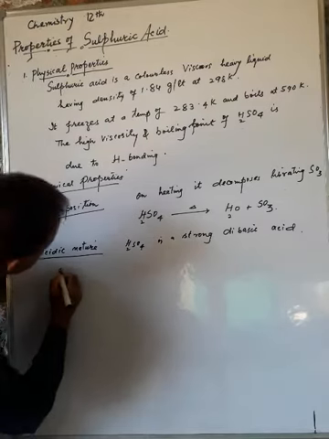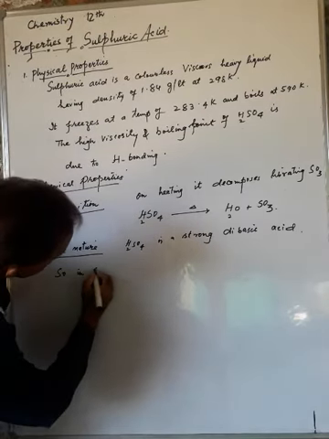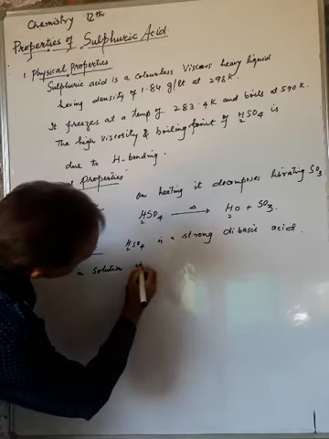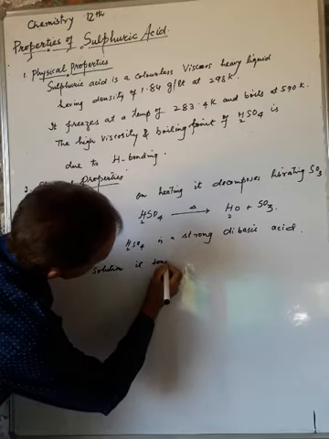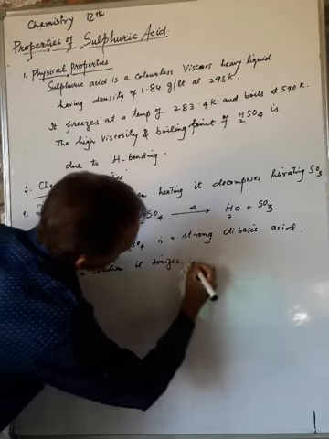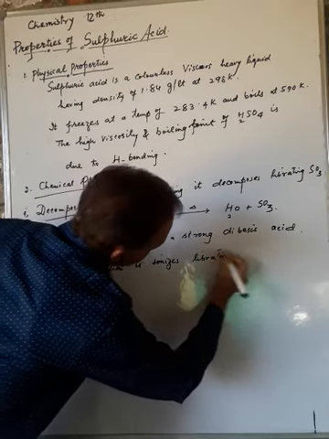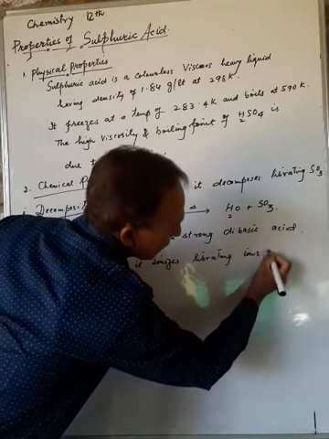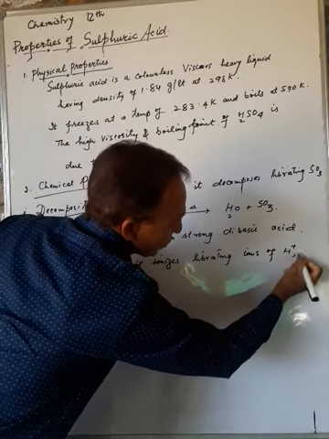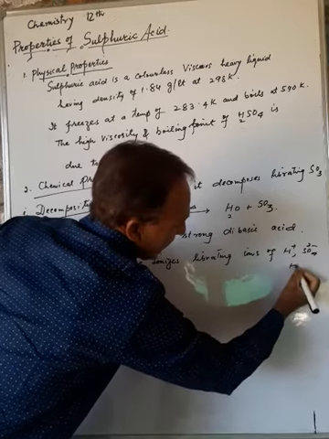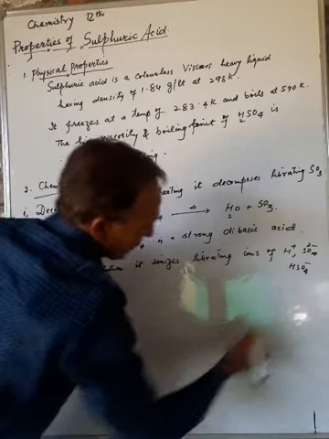So in the solution it ionizes, liberating ions of H positive, SO4 2 negative and HSO4 negative ions.